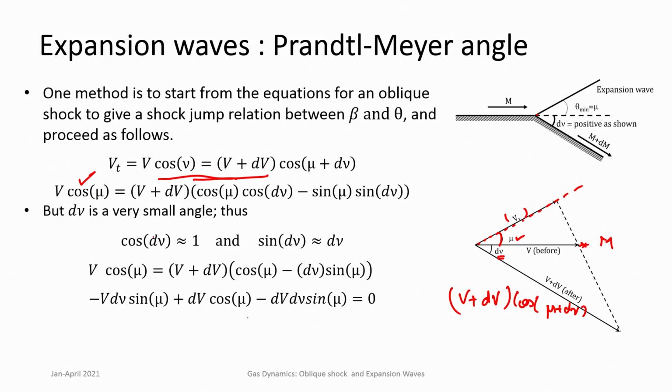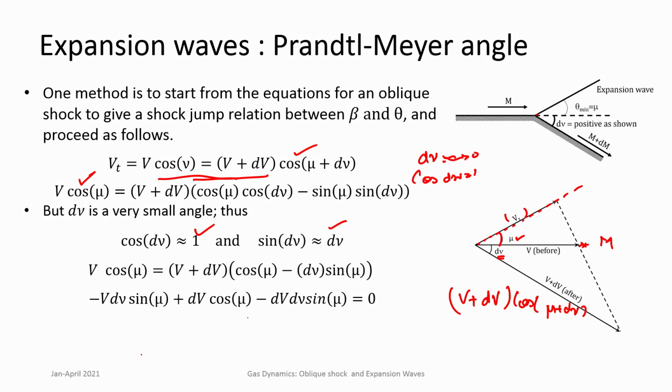Now you know that d nu is very small, almost tending to 0. So cos d nu is 1 and sin d nu tends to d nu. Expand cos of mu plus d nu using trigonometric relations and you get cos mu cos d nu minus sin mu sin d nu, and using these relations you get V plus dV cos mu minus dV sin mu.